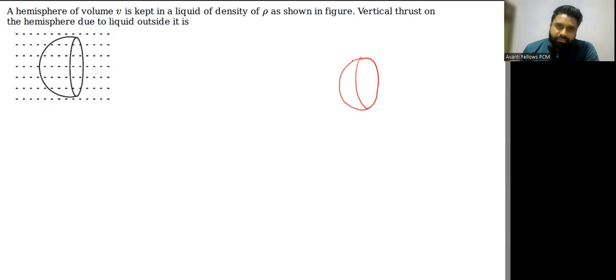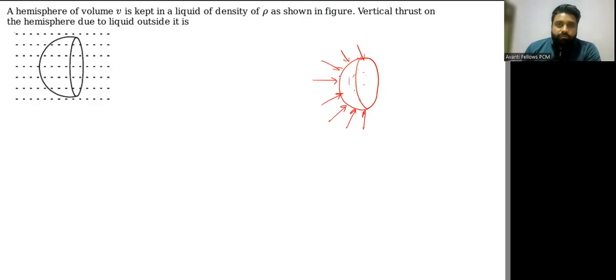At this curved surface, the pressure would act radially on both sides, and it passes through the center of the sphere.